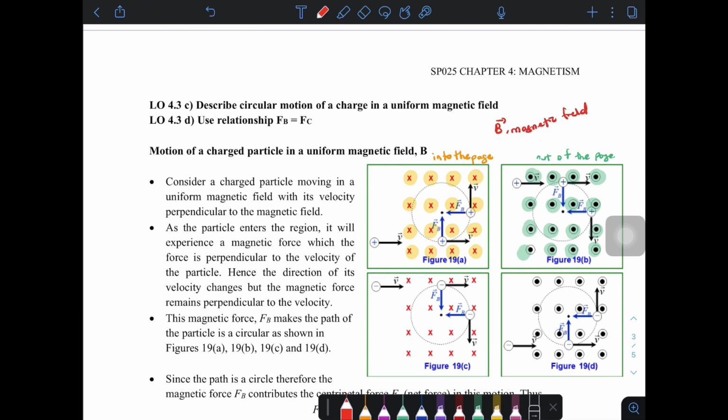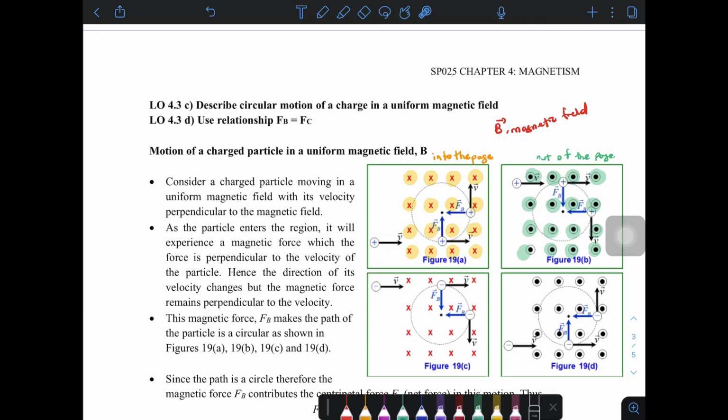So as we learned before, magnetic field B can be two cases. Is either dia into the page, simbolnya ialah cross, ataupun dia out of the page, simbolnya ialah dot. So kita ada satu charge particle. The charge particle can be positive charge ataupun negative charge, both can be.